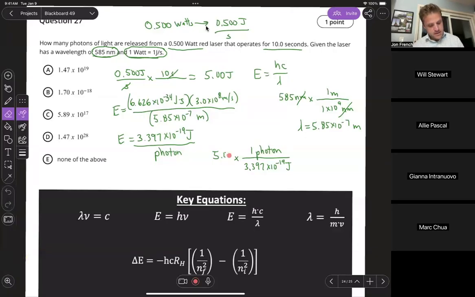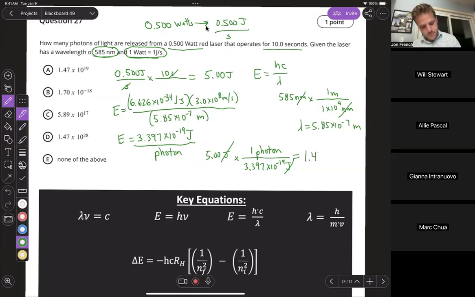I didn't write that as neatly as I could have. All right, so 5.00 joules, we divide by joules, and we're left with how many total photons we need. And I think it's choice A. All right, 5 divided by 3.397 times 10 to the minus 19 gives 1.47 times 10 to the 19 photons, right?